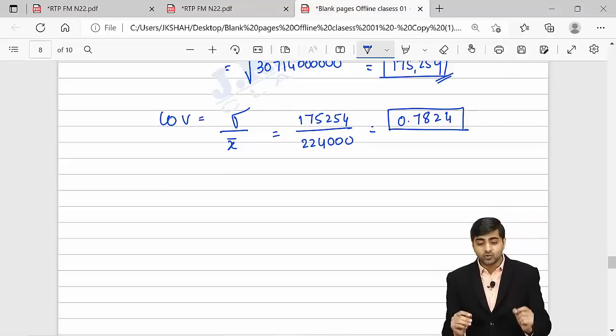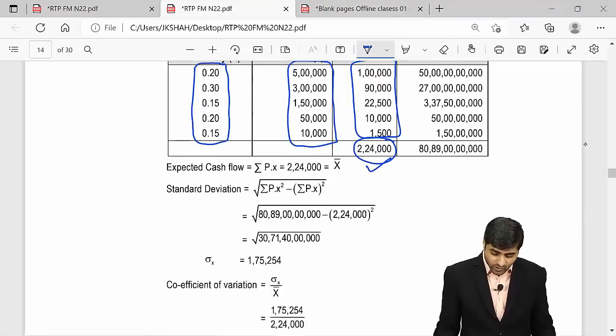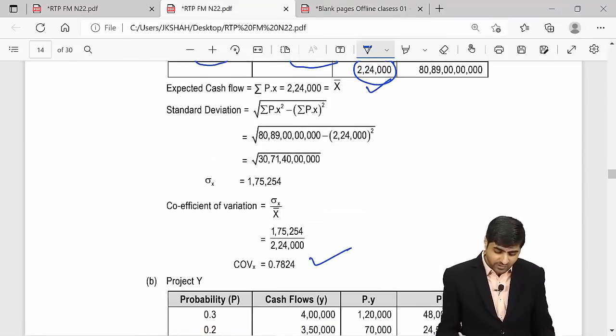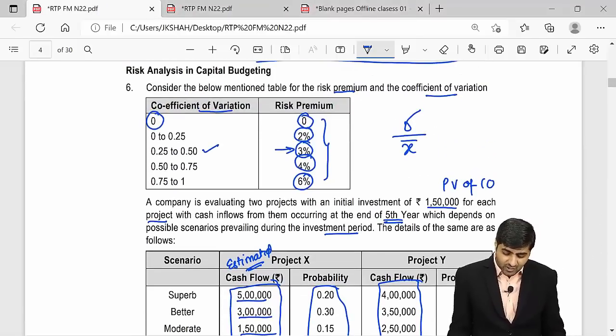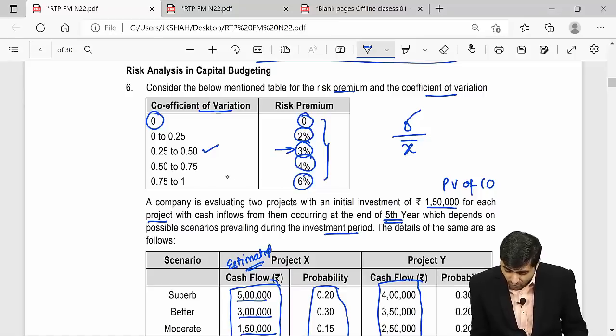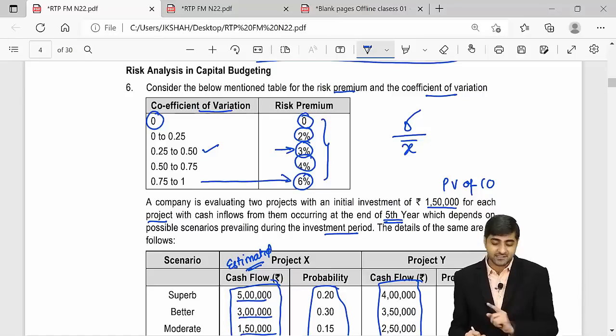Now what is the use and application of this coefficient of variation? You have got this as 0.7824, right? Now we need to check in the question that if this is 0.7824, it will fall in the last category where your risk premium added is 6%.